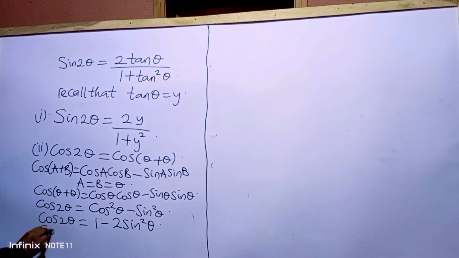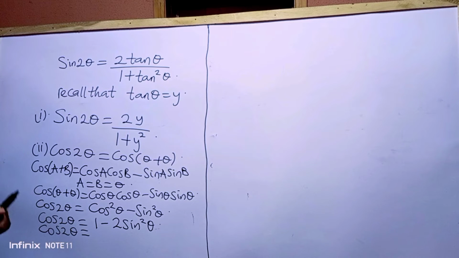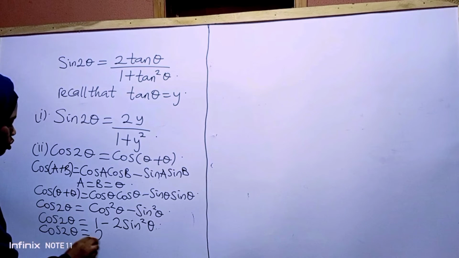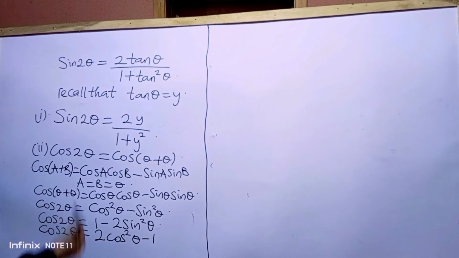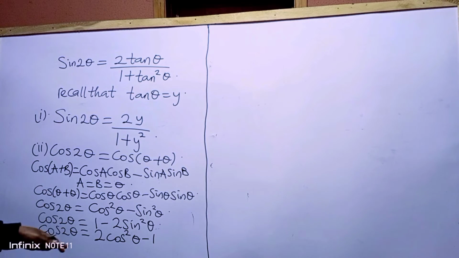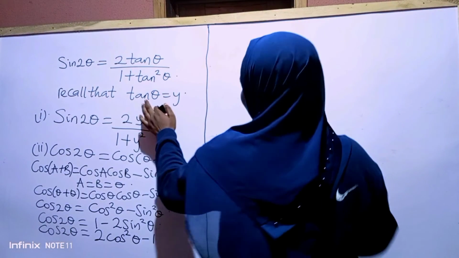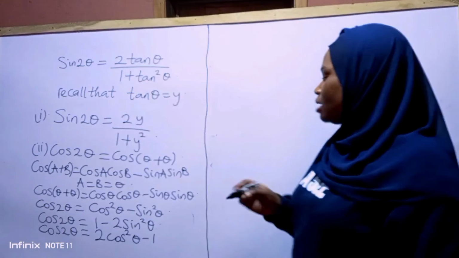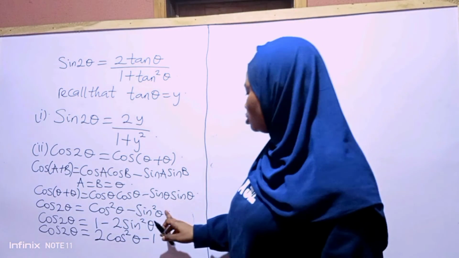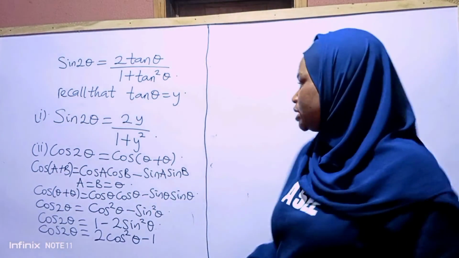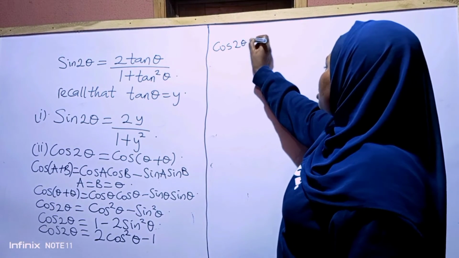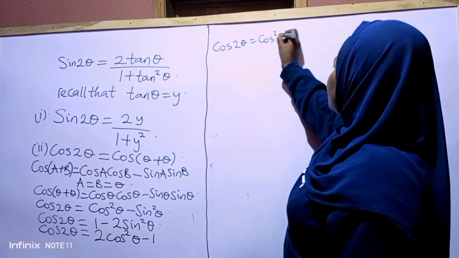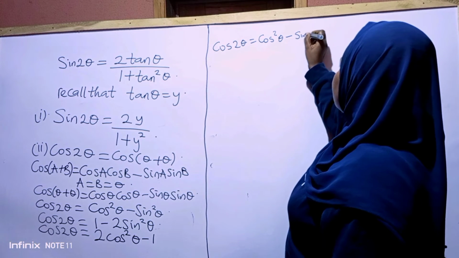If I want my cos 2 theta in terms of cos, then I have 2 cos squared theta minus 1. It depends on which one I want to work with. Since I'm working with tan theta, I can easily use cos squared theta minus sin squared theta.